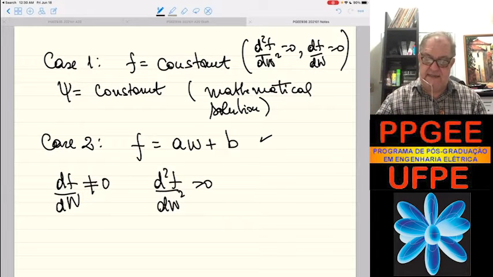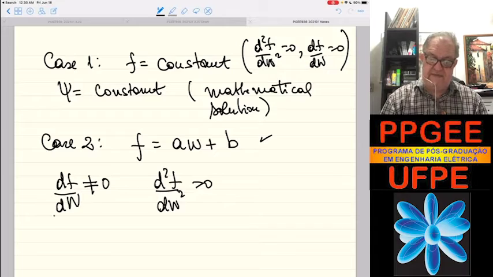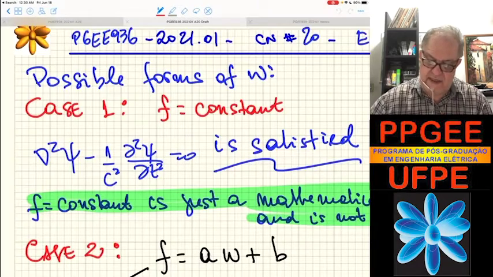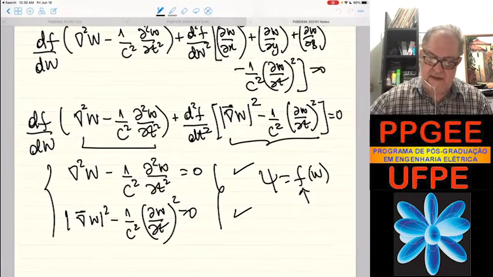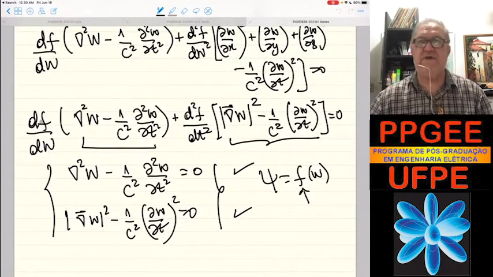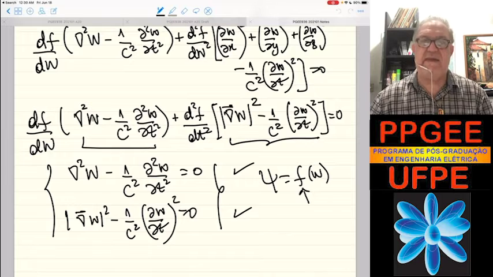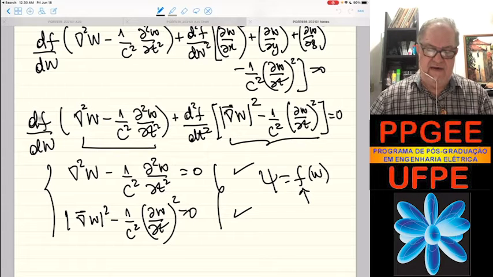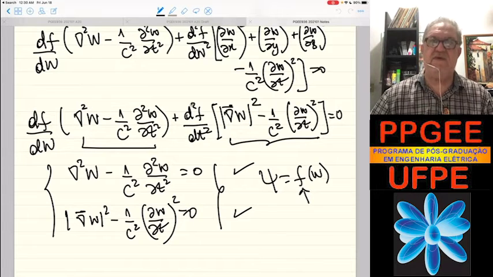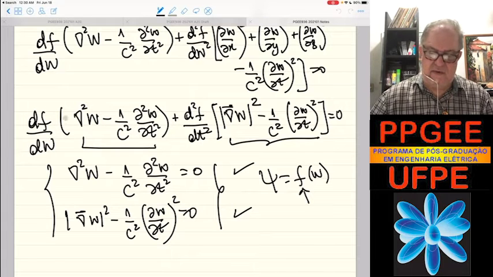But in this case, what happens? Well, because the f dw is not 0, let's see in your notation here, right? If the f dw is not 0, w must satisfy the wave equation. That's what it means, right? The second derivative is 0, and the first derivative is not 0.